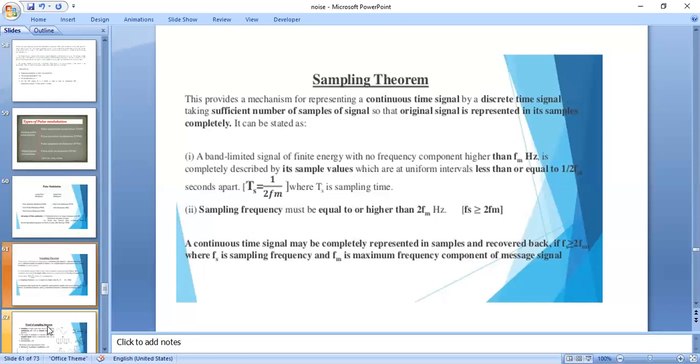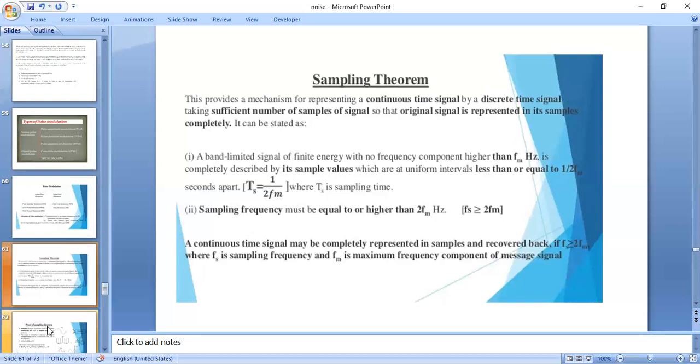So to do sampling, what conditions should you follow? You have to consider the sampling frequency, which should always be greater than or equal to twice the message signal frequency. Here fm is nothing but the highest frequency component in the message signal.